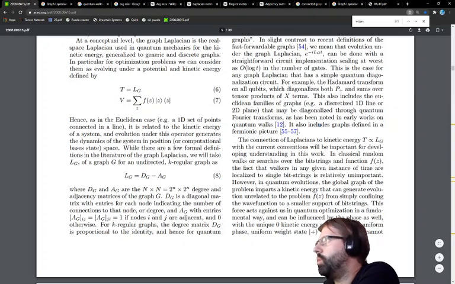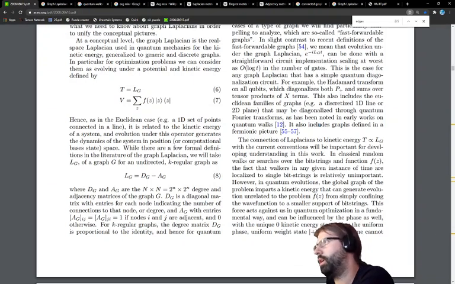In classical random walks or searches over the bit strings in function f of z, the fact that walkers at any given instant of time are localized to single bit strings is relatively unimportant. However, in quantum evolutions, the global graph of the problem imparts a kinetic energy that can generate evolution unrelated to the problem f of z simply from confining the wave function to a smaller support of bit strings.